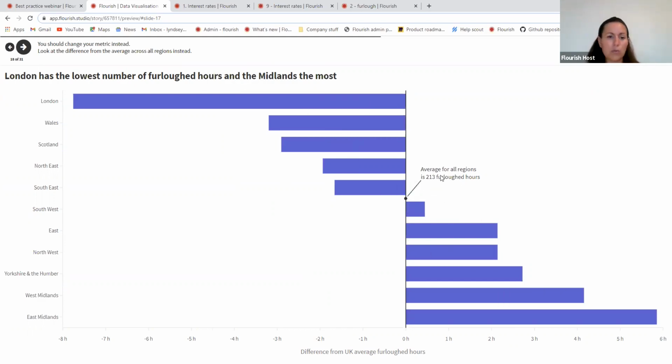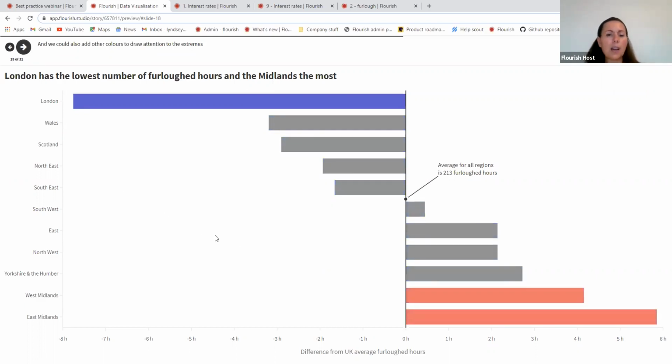So this is the average for all regions, and London is nearly 8 hours less on average of furloughed hours per worker compared to the Midlands, which is 6 hours more. And so this is thinking about your metric that you're plotting and how you're telling your story through that metric. This is one of those decisions.